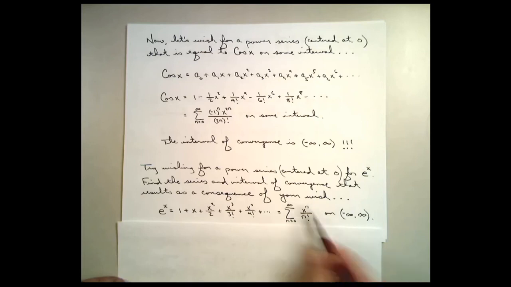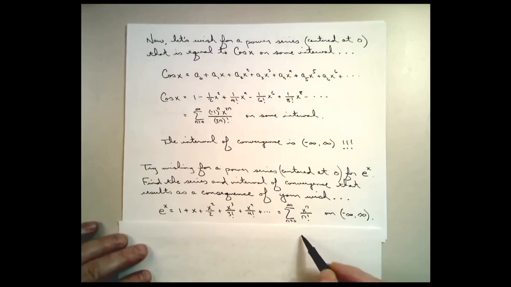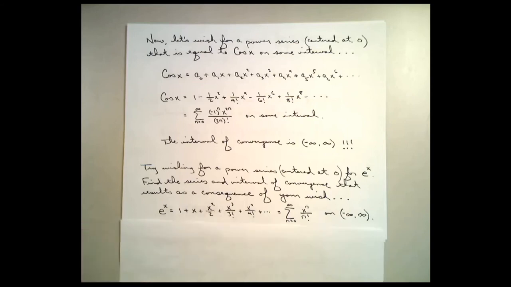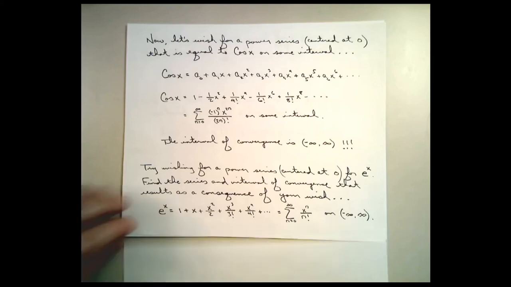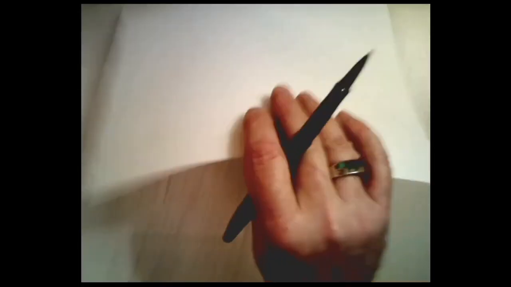Here's how we can shorthand the notation for the series using summation notation. But to me, this is one of the most beautiful series in all of mathematics. If you got it, great. It belongs to you.